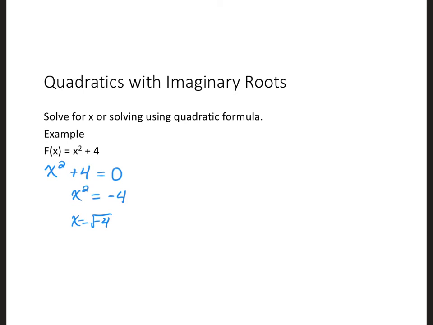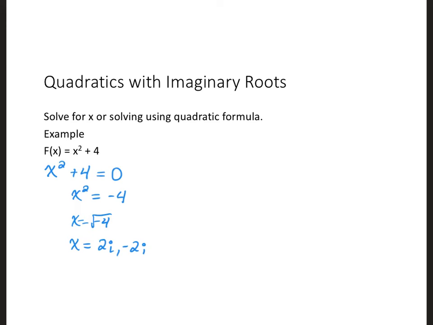So the roots that I would get from this are plus or minus 2i. The negative is where the i comes from inside the square root, and the square root of 4 is 2. So this would give me two solutions, or two roots, 2i and negative 2i.